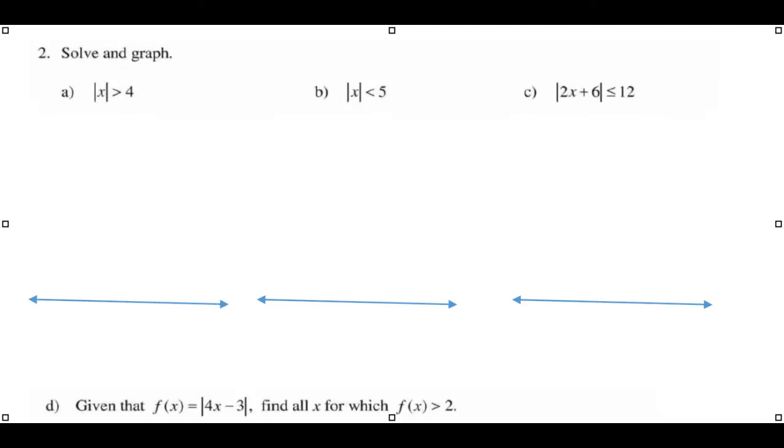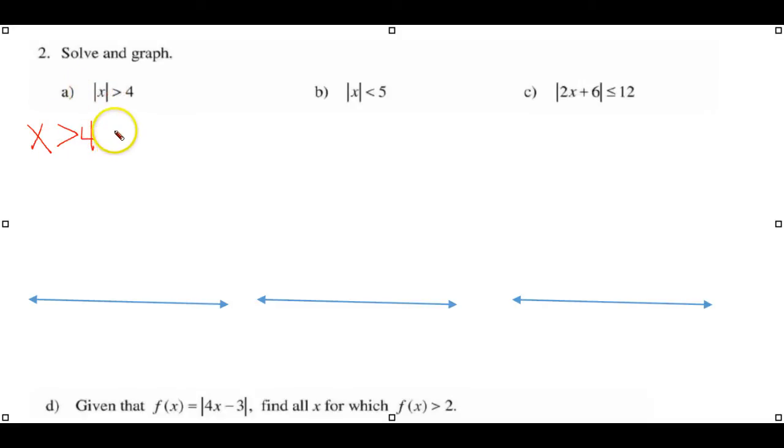Now, for these, we have inequalities, and they also want us to graph our solution set. So, a slight little difference here. We have the absolute value of x is greater than 4. Just remove the absolute sign, and just write it out.